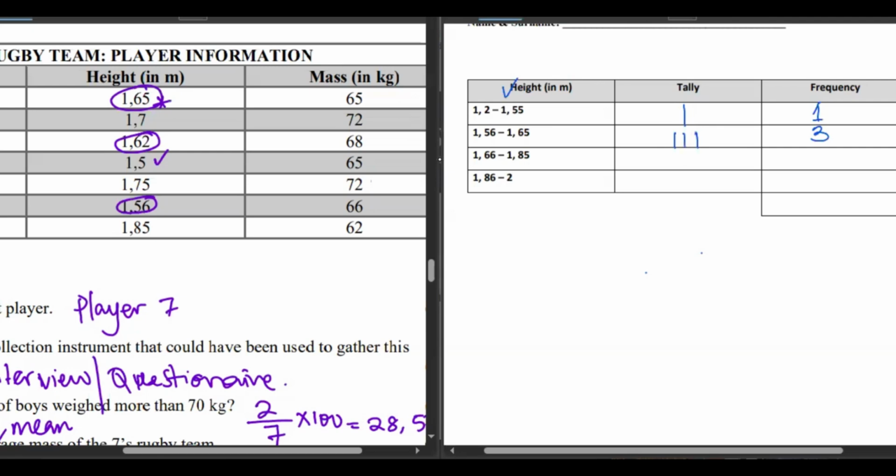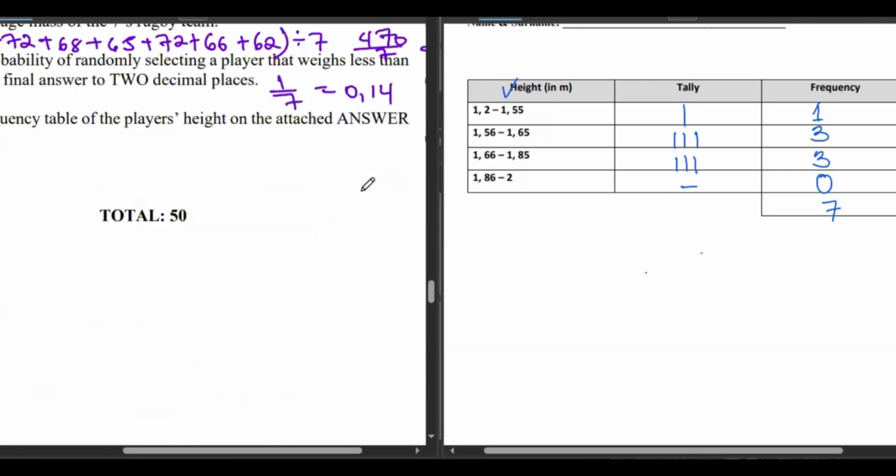Then between 1,66 to 1,85, we have 1, 2. We write 2 here. So between the last range, there's nothing. We leave it like that. This is a 0. Add everything, you get 7. That's how it's supposed to be done. And that marks the end of our paper 1.